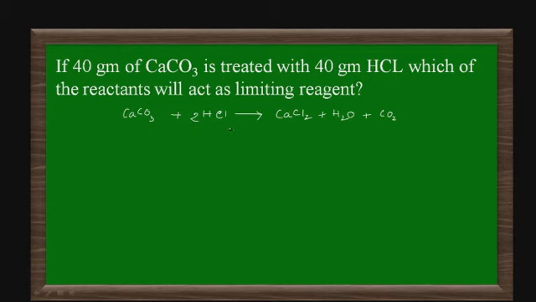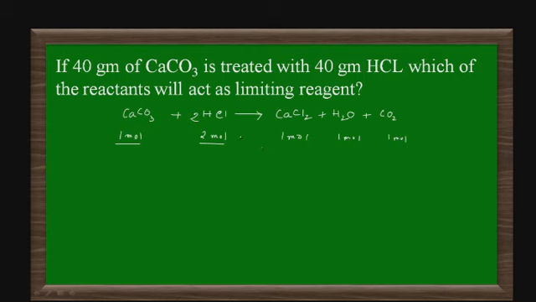Now you need to find out the limiting reagent. To identify the limiting reagent, you have to use the reaction stoichiometric calculation. So before going to the given data, first we will write down the reaction stoichiometry. 1 mole of calcium carbonate reacts with 2 mole of hydrochloric acid, gives 1 mole of calcium chloride, 1 mole of water and 1 mole carbon dioxide.